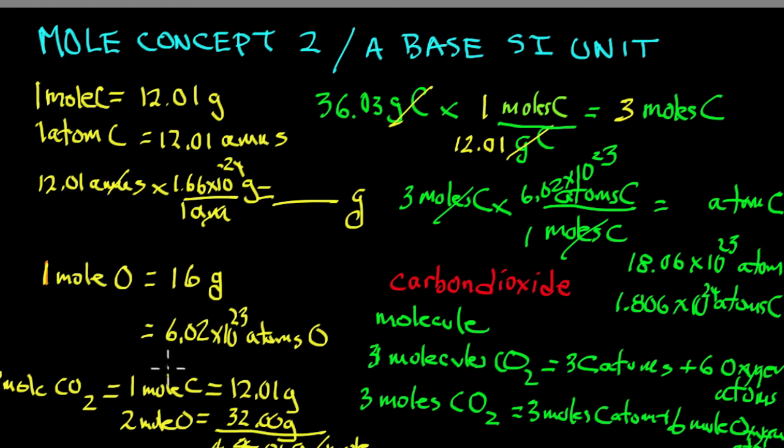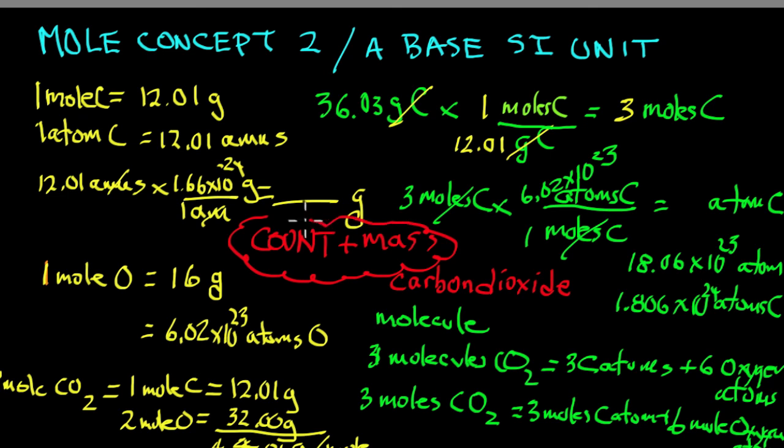A mole of anything is 2 things. And we're going to stick this right in the middle here. 1 mole of anything, when we talk about it, has 2 things. A mole has a count, and it has a mass. A mole of anything. We'll circle that in there, right in the middle.